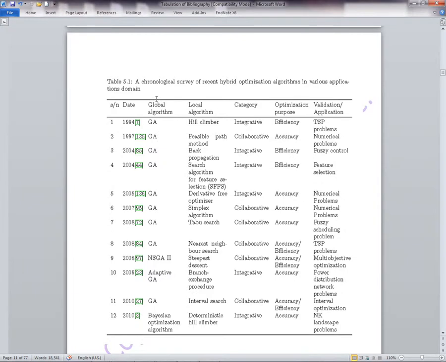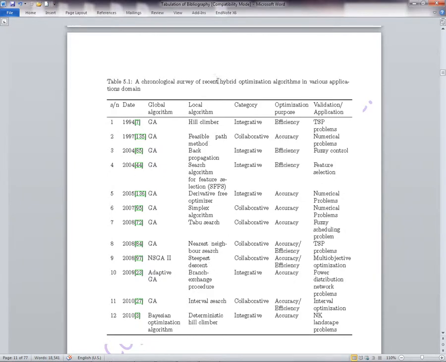Well, a research relevance table uses columns to differentiate different issues that we're going to associate and compare. The second column, as you can see, is chronological and it tabulates the papers in date order. The next one tells you if they're a global algorithm and what type, genetic algorithm or Bayes or other types. And then it says if they use a local algorithm as well.